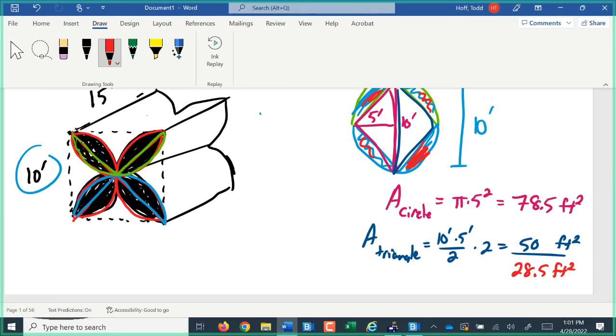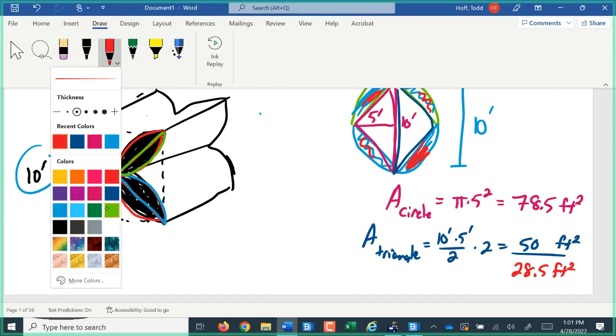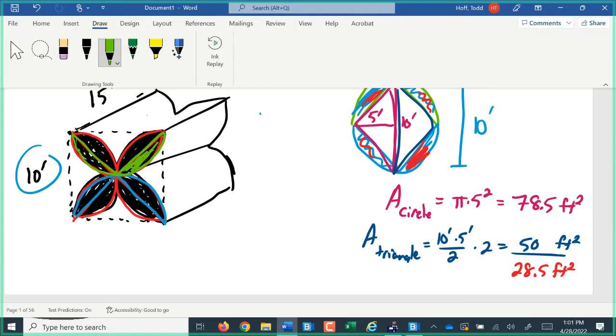Well, what I just found would be this part and this part. How does the rest of the area compare? Same, right?